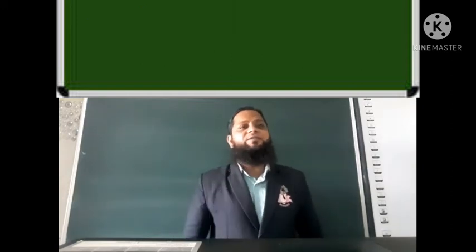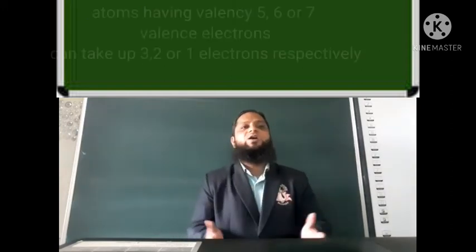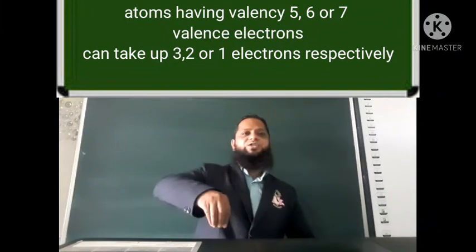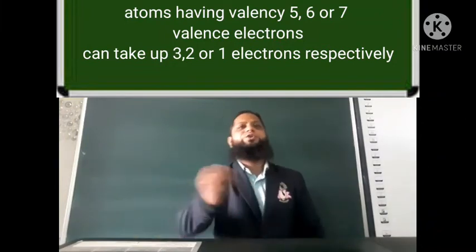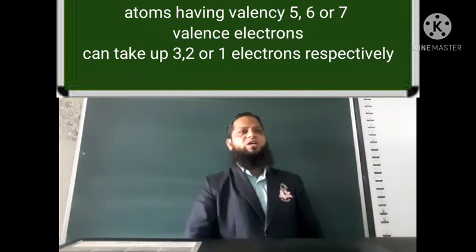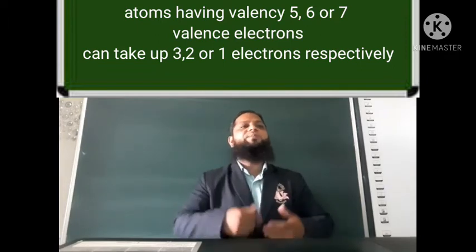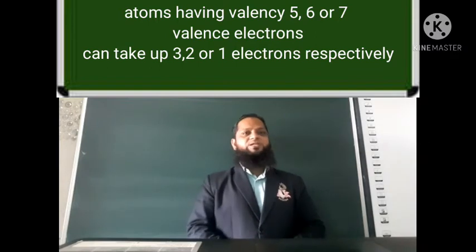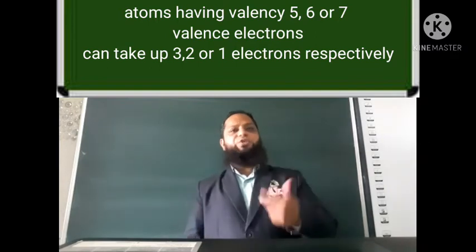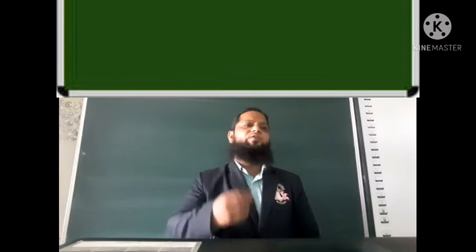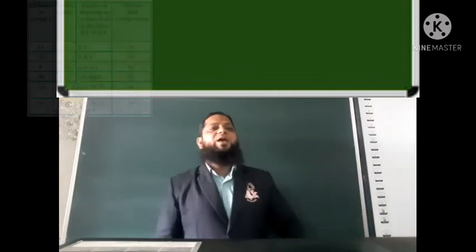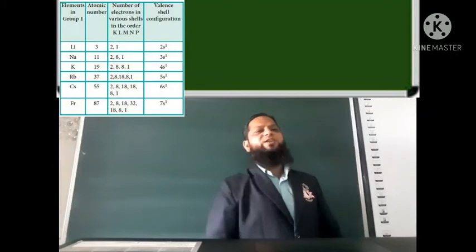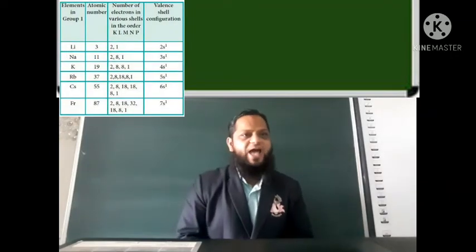The atoms having 5, 6 or 7 valence electrons generally take up 3, 2 or 1 electrons respectively from the atoms of other elements and show the valency 3, 2 or 1. All the elements present in a group have the same electronic configuration of their atoms.